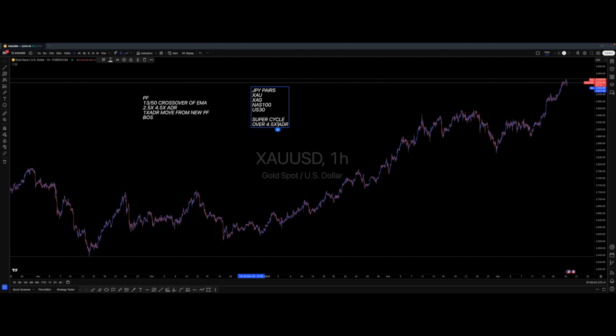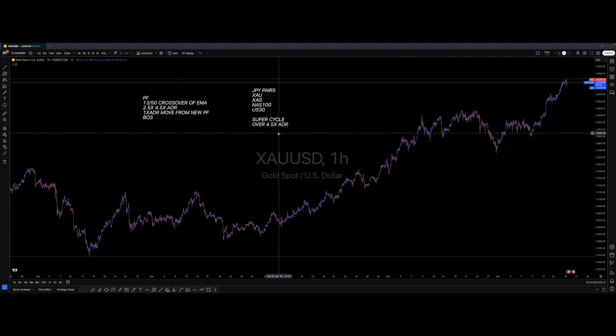Now, how and why did this happen? Well, I believe it was 2022 when JPY pairs started to make astronomical moves that were beyond the limits that we had initially found for most pairs.